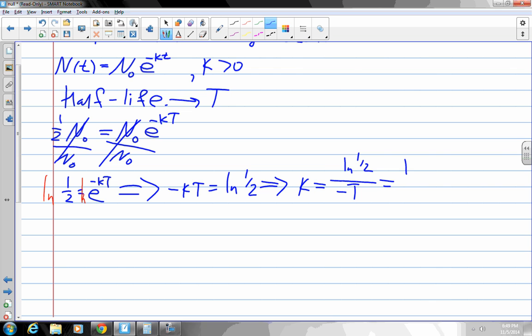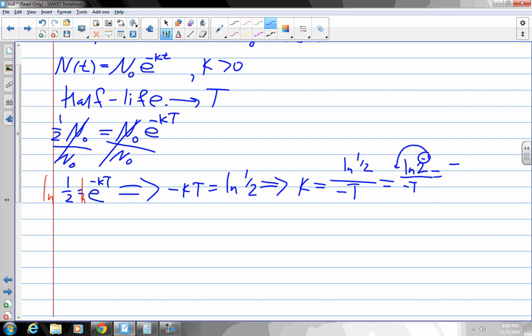Do you agree with me that 1/2 is same as 2 raised to the power negative 1, just by rules of exponents? And by the rules of logarithms, what can I do with a little exponent if it's inside the logarithm? Multiply, right? The negative, the little power will fall down.